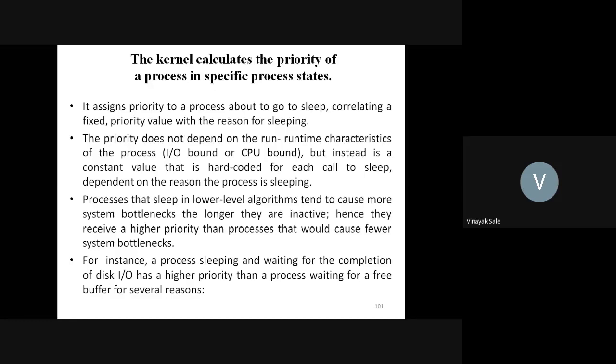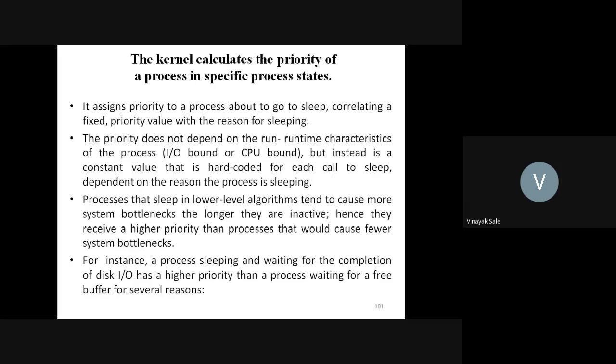Processes that sleep in lower level algorithms tend to cause more system bottlenecks the longer they are inactive, hence they receive a higher priority than processes that would cause fewer system bottlenecks.